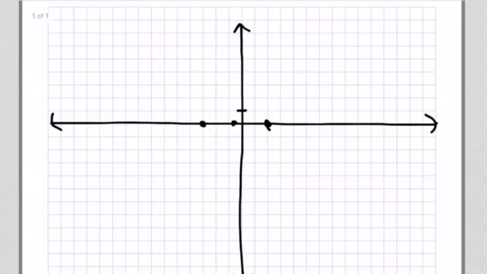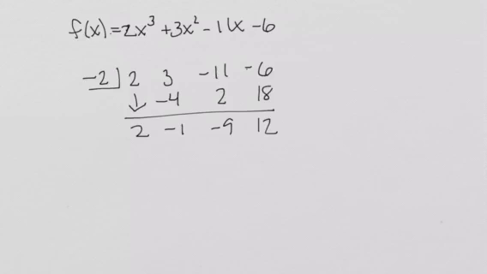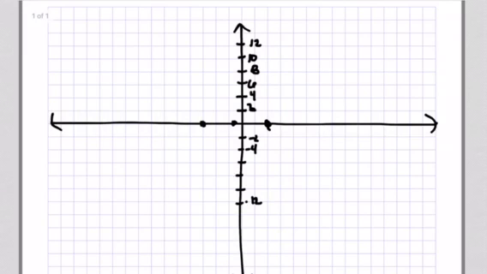So this is going to be 2, 4, 6, 8, 10, and 12, and the same idea going down, negative 2, negative 4, and so forth. Okay, so we found the point where x is negative 2, y is 12. So we go x negative 2, y is 12.